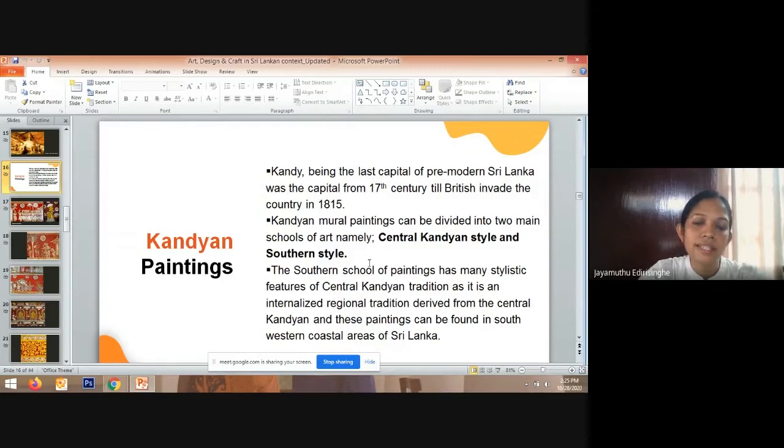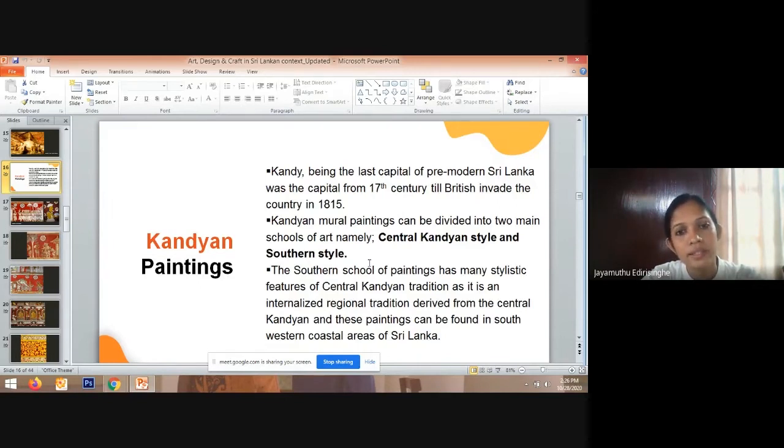But after the British invaded, sometimes even the art and paintings were destroyed by them. Still, there are around 300 temples where Kandyan paintings remain, mainly in the Kandy region.